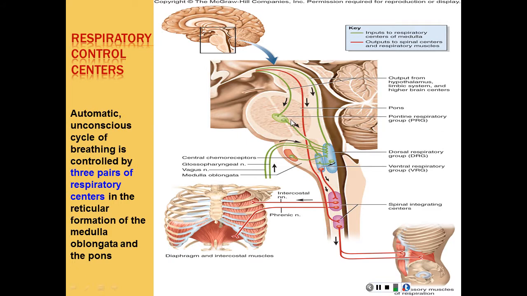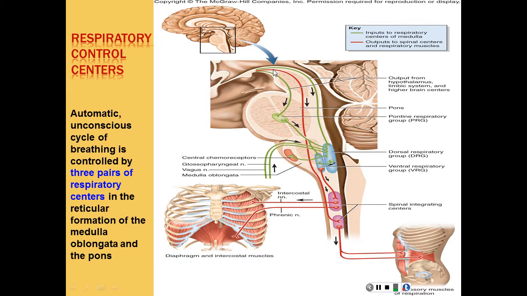Okay, so this PRG located here in the pons receives information from higher brain centers, including the hypothalamus, the limbic system, and the cerebral cortex. Now it issues output to both the DRG and the VRG.